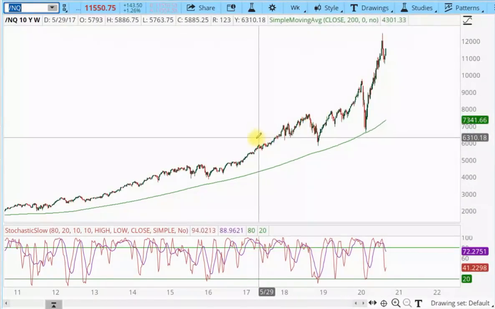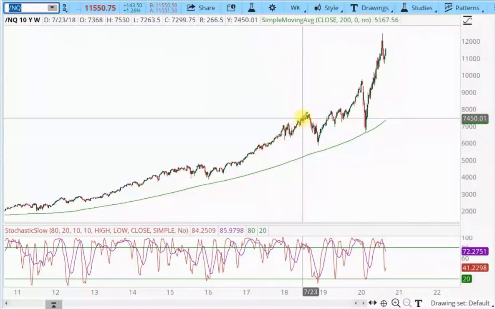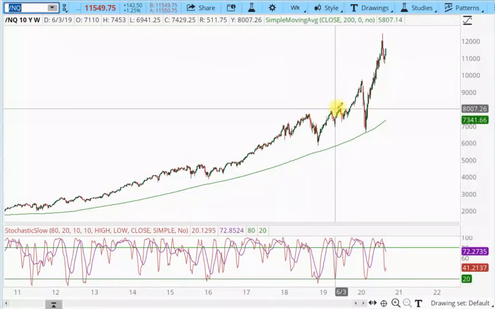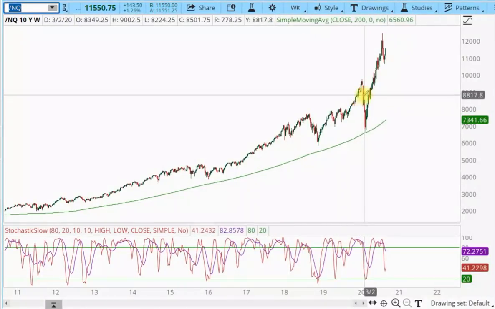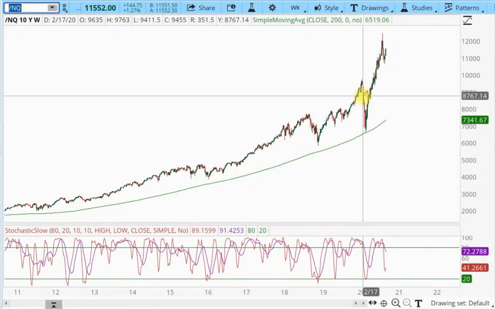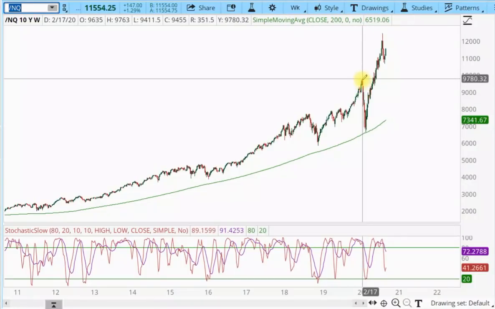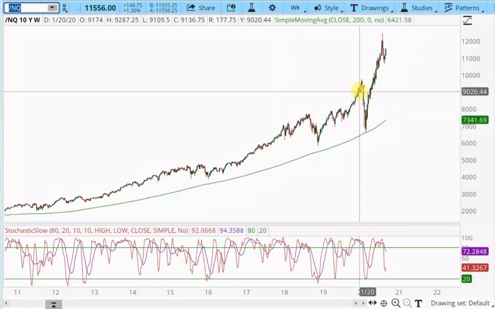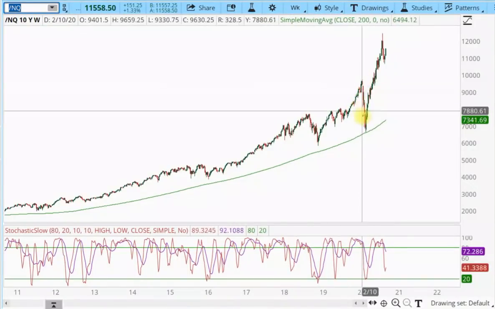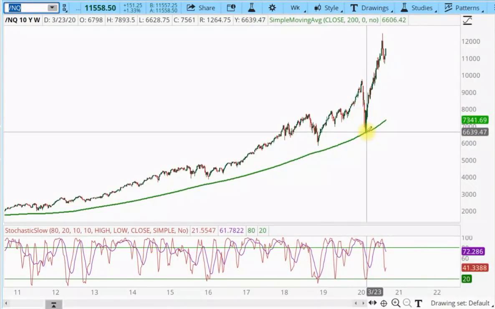You can see the big change in character here. The market was holding reasonably close to the long-term moving average. Got a bit stretched here as the Fed started QE when the repo crisis began, and we had the crash in the four-year cycle low.